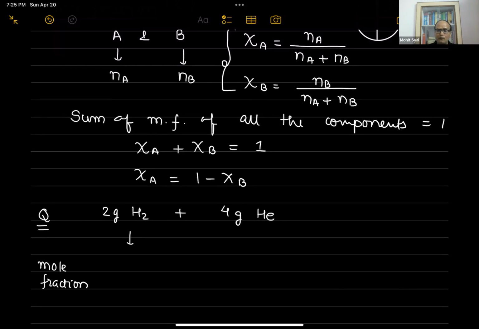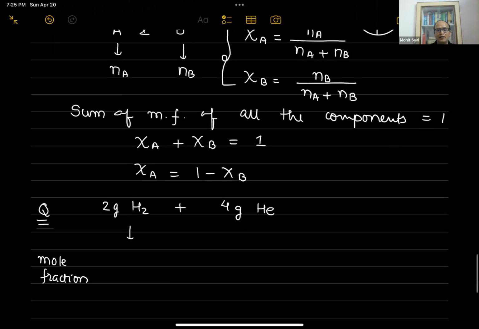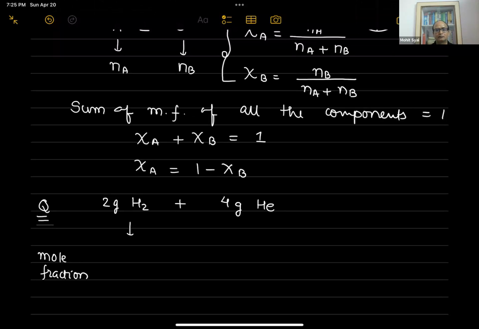First you need to find the moles. Got it? Then only you can find the mole fraction. Is it clear or not? Yes. So don't go directly for the mole fraction.